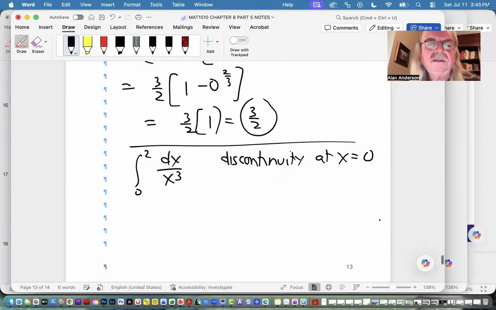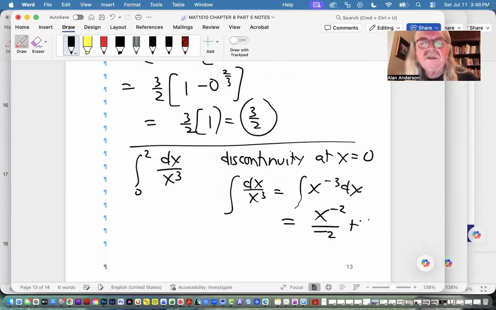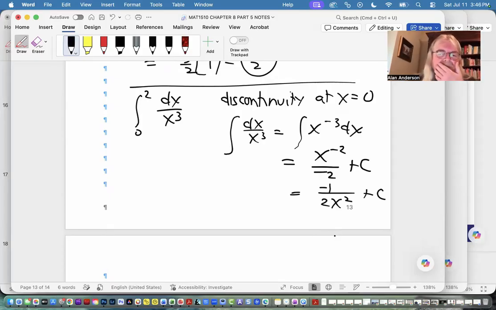All right. Now, ordinarily, if we had an indefinite integral, that would leave us with x to the minus 2 over minus 2. Or you could rewrite this as, yeah, I guess that's a little bit neater.